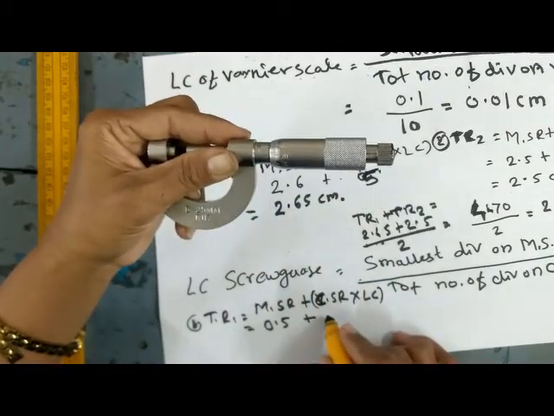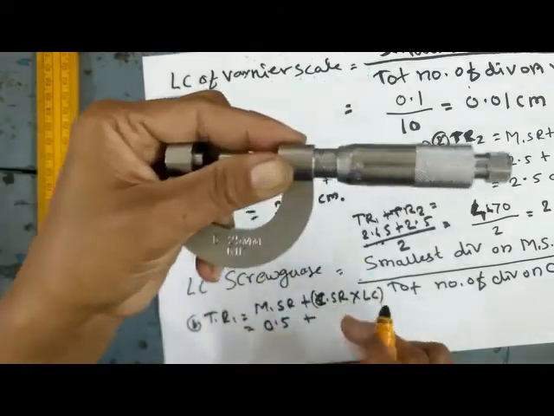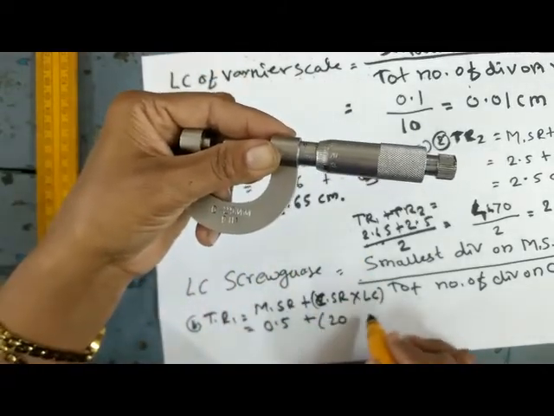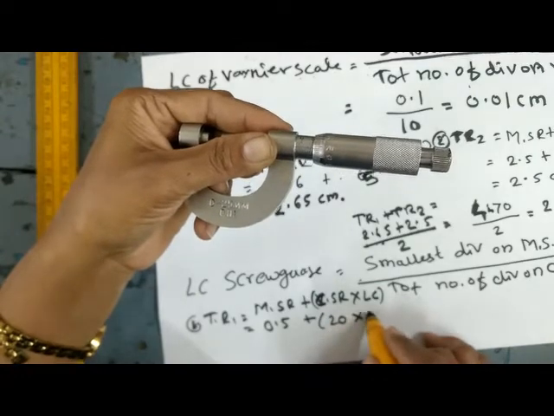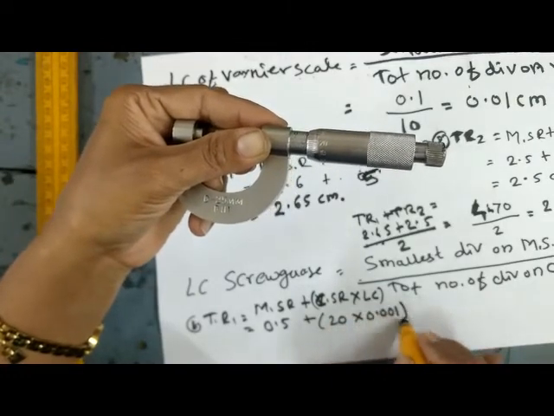The circular scale division exactly coinciding with the main scale is 20, into 0.001.